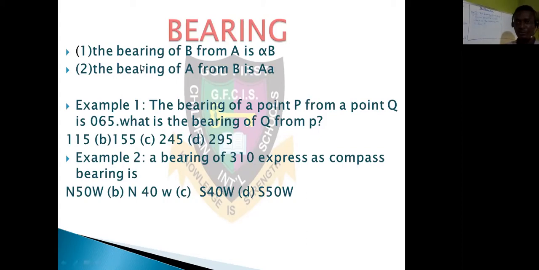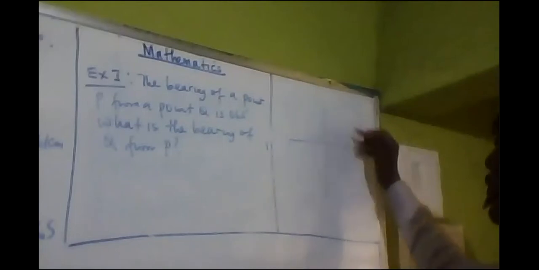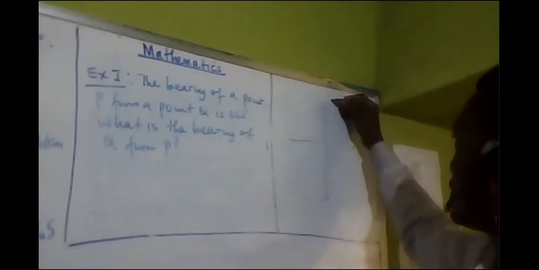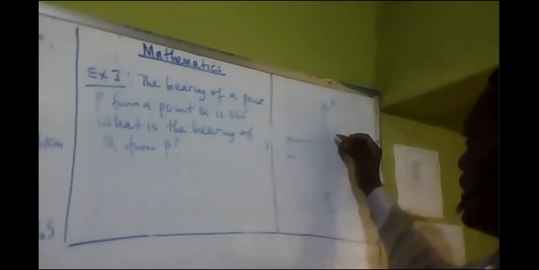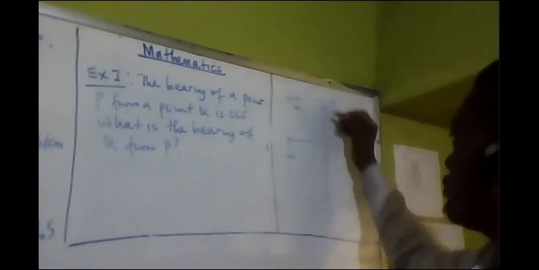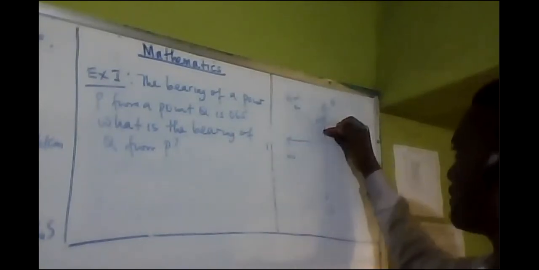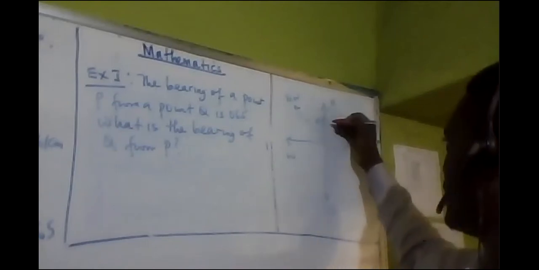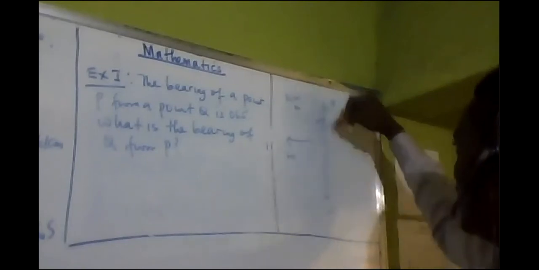Before we continue, what you need to know about bearing is we have 4 cardinal points: north, south, east, and west. In the middle, we have the northwest direction, which comes from this direction. This direction is our northeast, not this place.